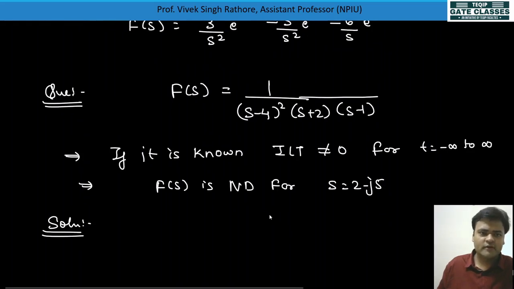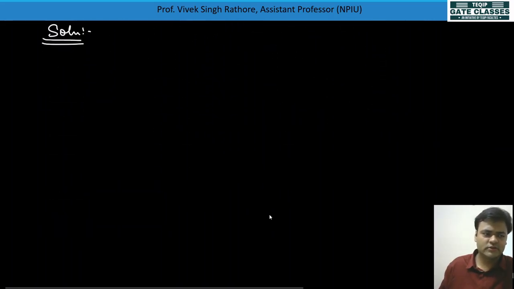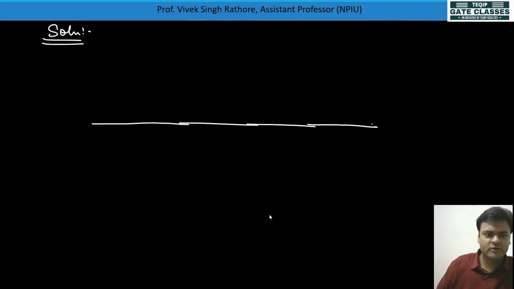Before my solving, try to pause this video and try to solve this question by yourself, and then you can see the solution. First of all, we'll make the ROC, then we can understand it. This will be sigma, this will be j omega.